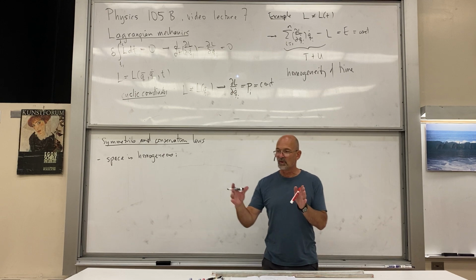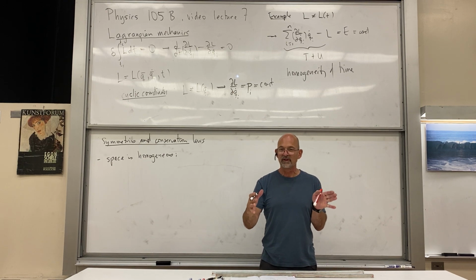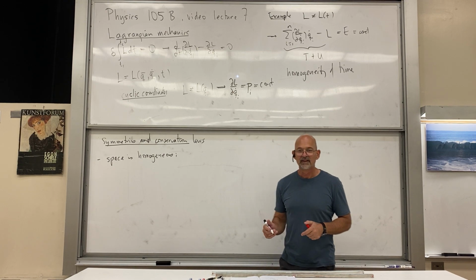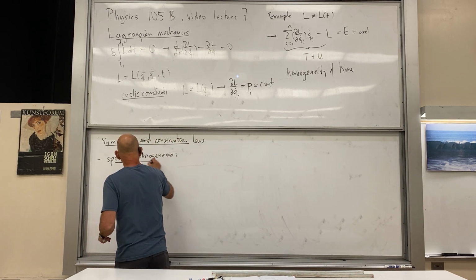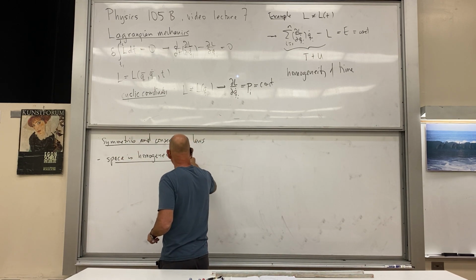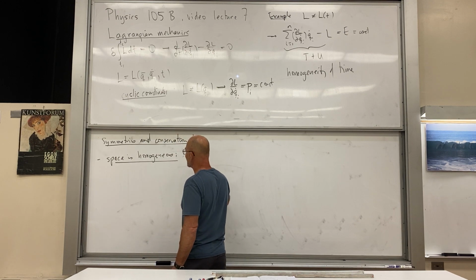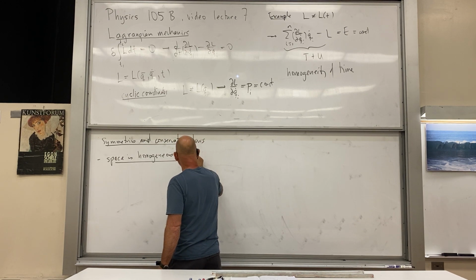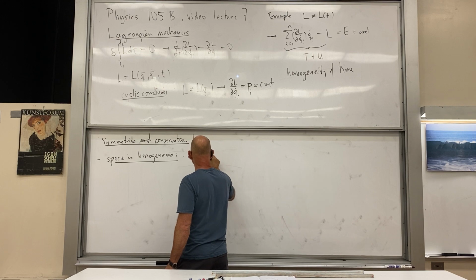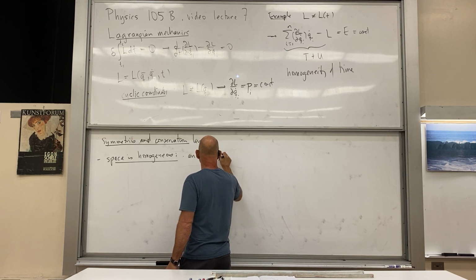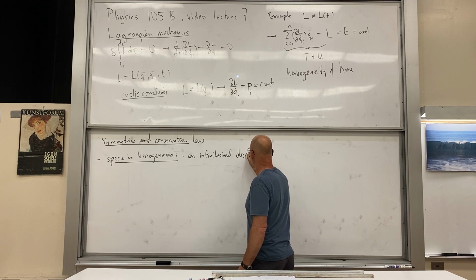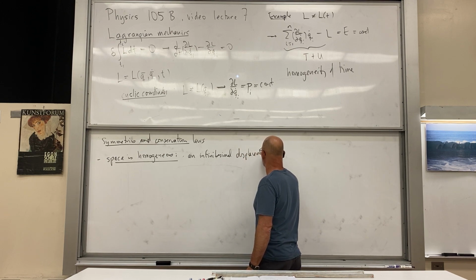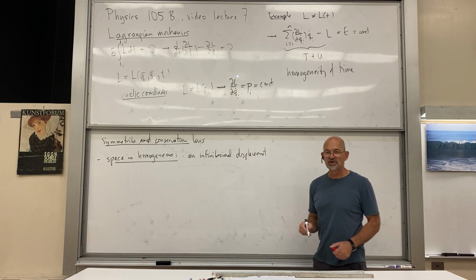Formally, if I have a coordinate system and I shift the entire coordinate system infinitesimally, the physics should not change. Okay? So space is homogeneous, and we say therefore an infinitesimal displacement should leave the physics unchanged.